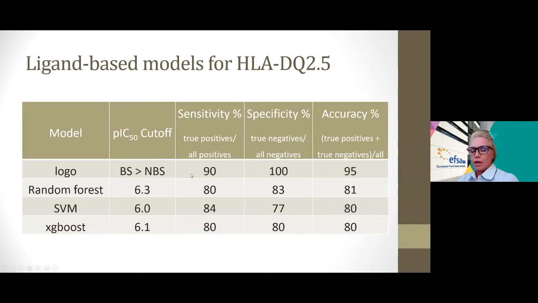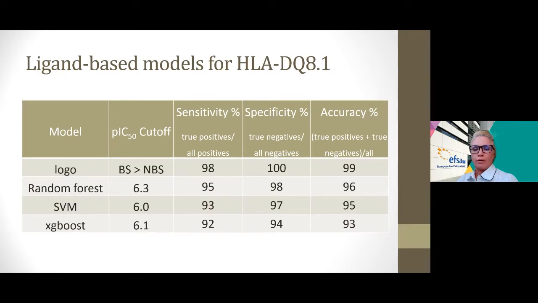The external validation, the validation by the external test sets, shows that these models recognize between 80 and 90% of the binders, between 77 and 100% of the non-binders, and the accuracy was in the range between 80 and 95%.